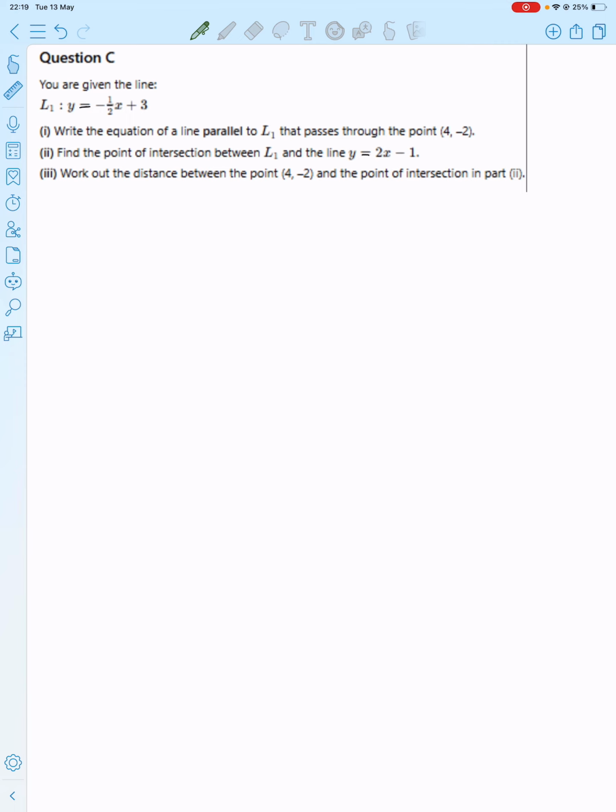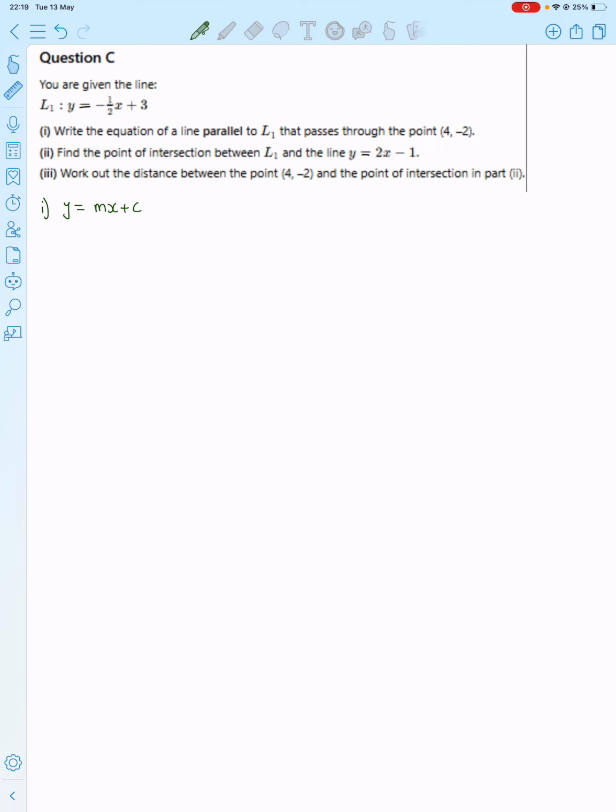So this says, you're given the line L1, y equals minus a half x plus 3. It says, write the equation of a line parallel to L1 that passes through the point (4, -2). Okay, so a straight line equation in general has the form y equals mx plus c.